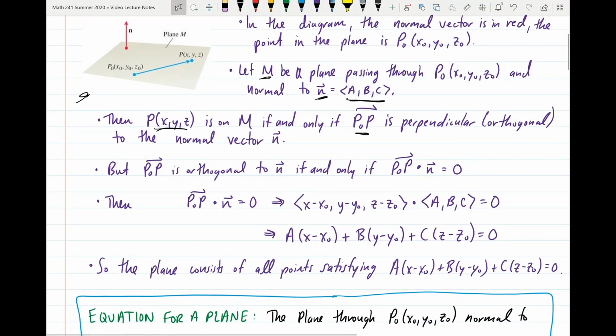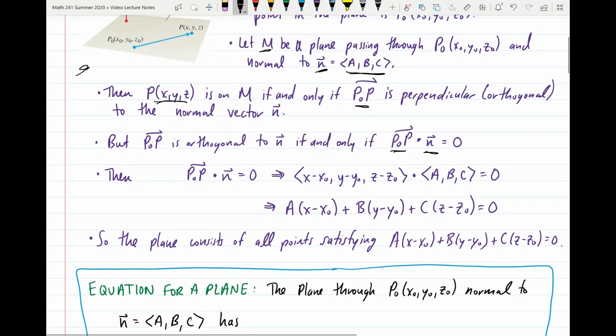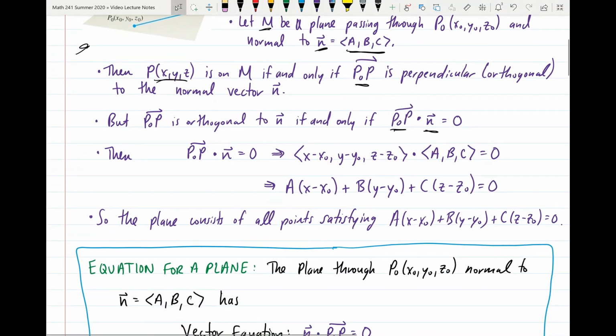But as we said, I think in section 12.3, our vector P0P is only orthogonal to the vector N if the dot product of the two vectors is equal to 0. So that's a fact that we learned in section 12.3. And so we can use this fact to give ourselves an equation for the plane. So assume that the vector from P0 to P dotted with the vector N is equal to 0.